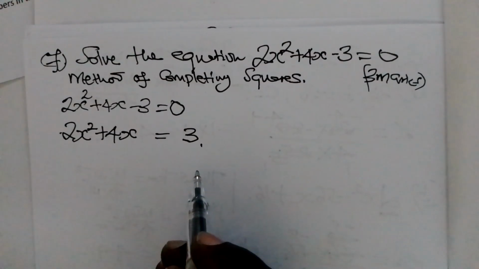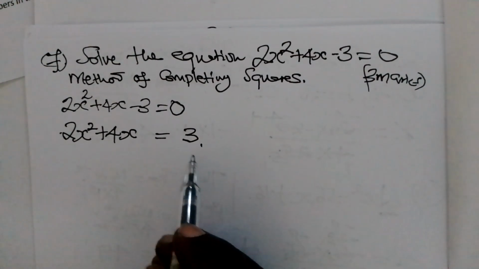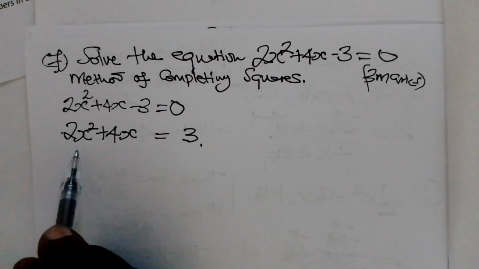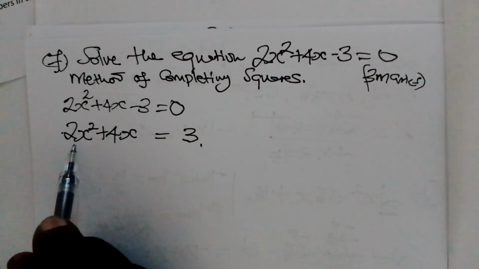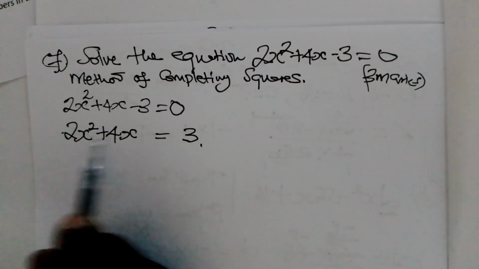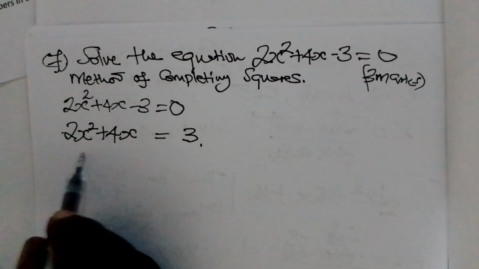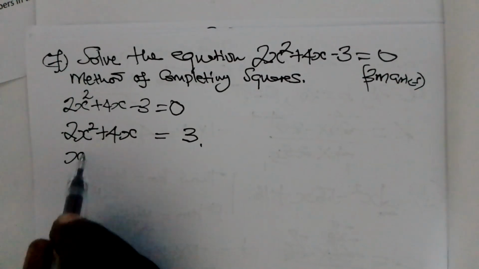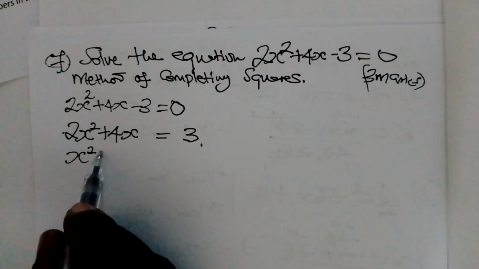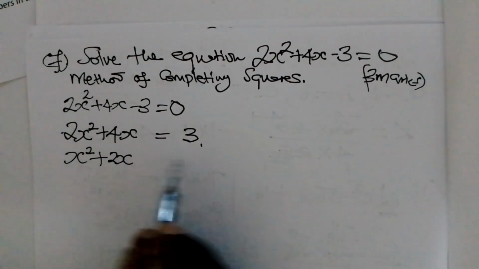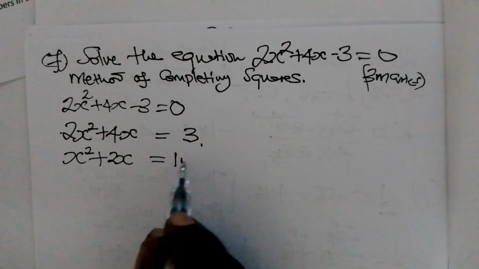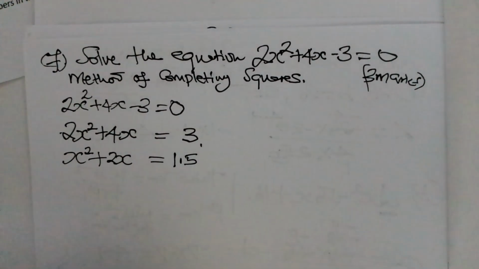Now we need to introduce a third term, or we can as well make the coefficient of x squared be equal to 1 before we introduce the third term. We are going to have x squared plus 2x is equals to 1.5, or 3 over 2, by dividing both sides, or everything by 2.